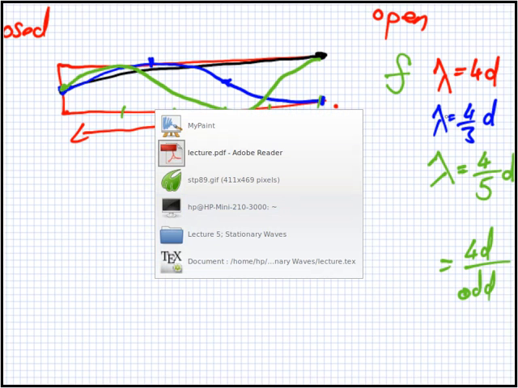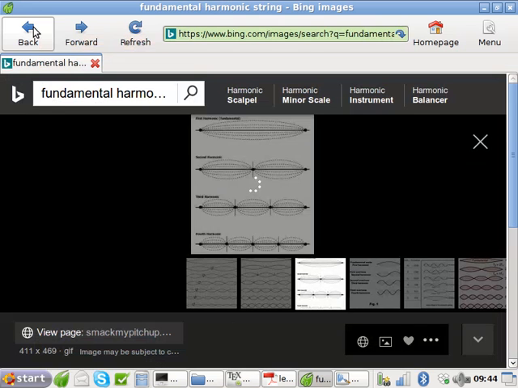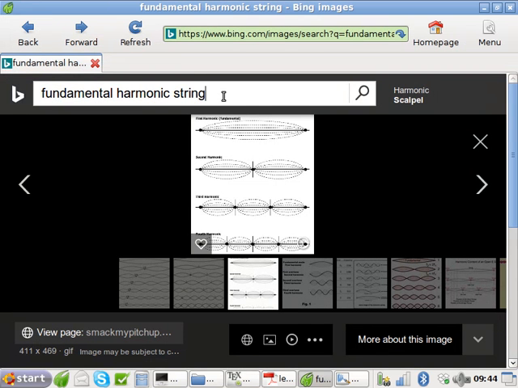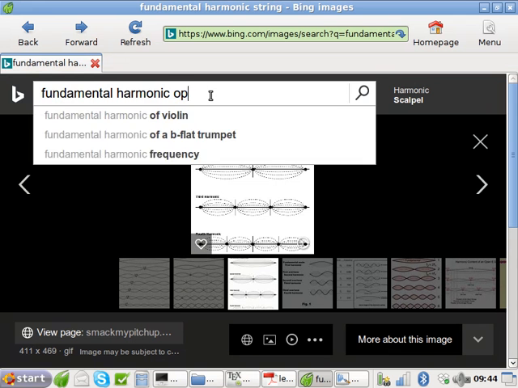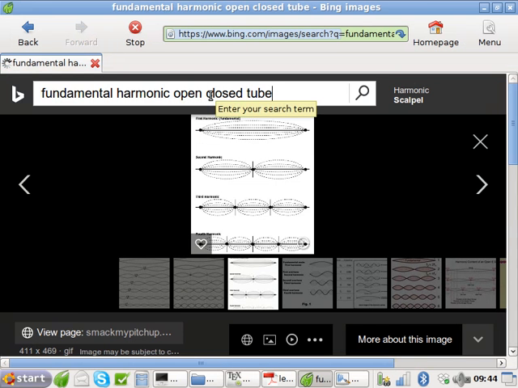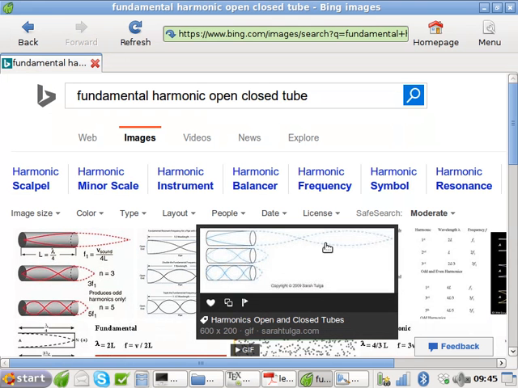Maybe I can find you a nice picture instead of my ugly picture. Fundamental, harmonic, open, closed, tube. This looks pretty nice.